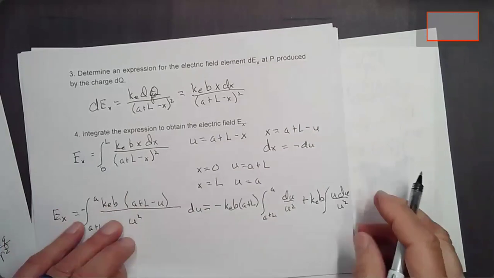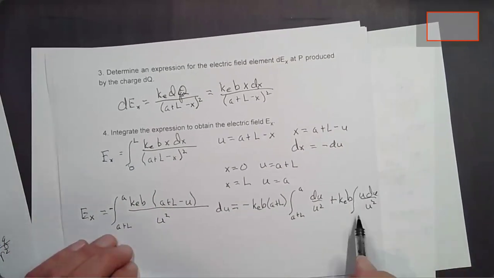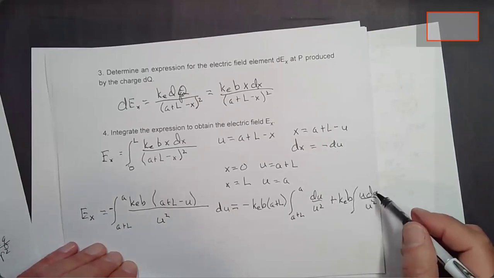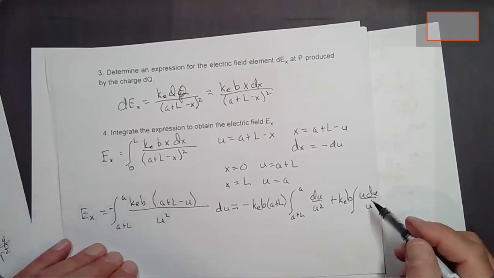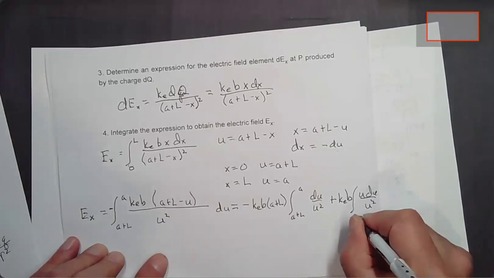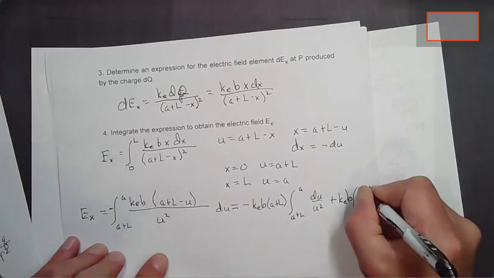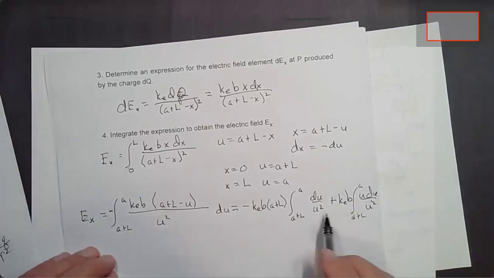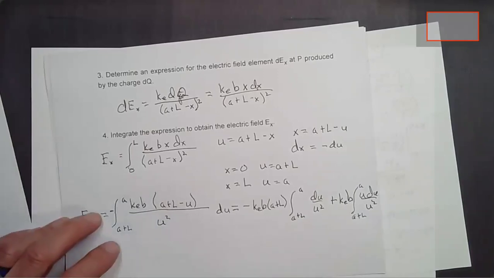Well, that's an interesting one. You know what that becomes? That'll become du over u, which is going to be the natural log of u, and it's also a plus L to a. So let's do this first integral here.